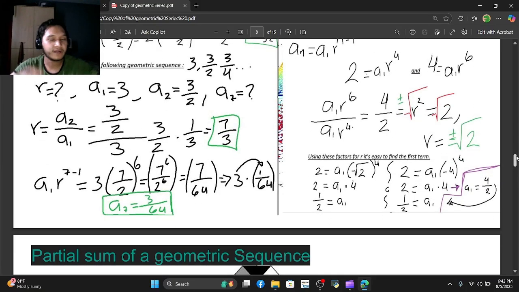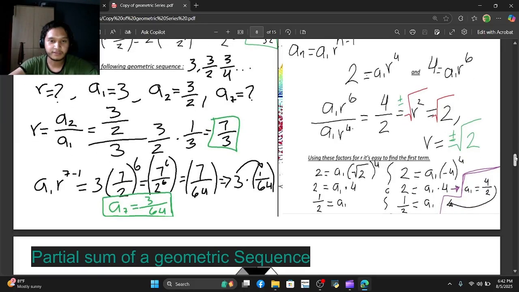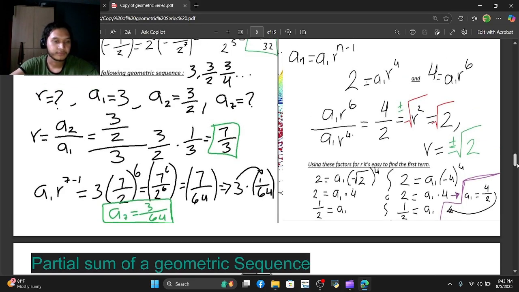Let's do it fast. I want to do it fast, but I want to explain everything. Find the seventh term of the following geometric sequence. We have 3, 3/2, 3 divided by 4. We don't know what the ratio is, but we do know the first term in the sequence.